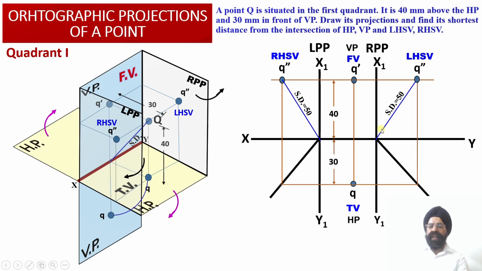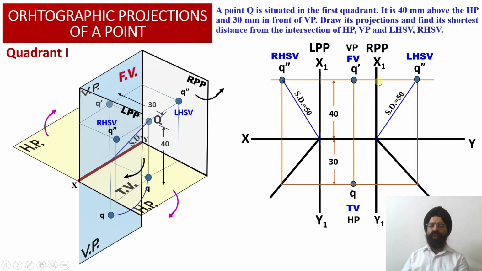Now if we join the intersection point on the XY reference line with this point Q double dash, we obtain that the true length of the shortest distance joining the XY line, or the intersection of HP and VP, with this point happens to be 50 millimeter.